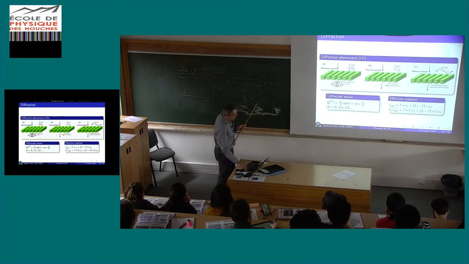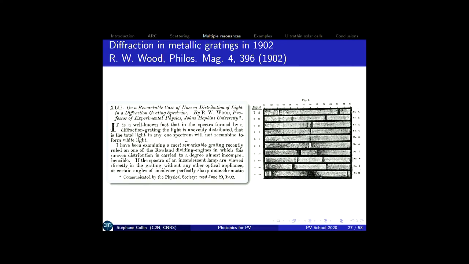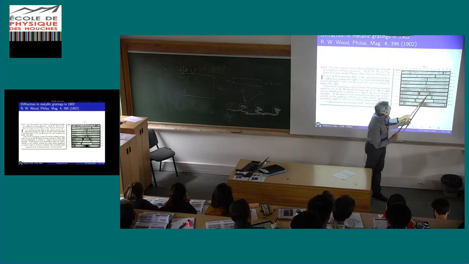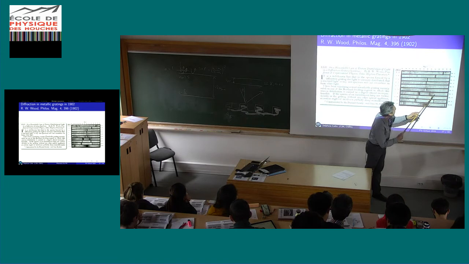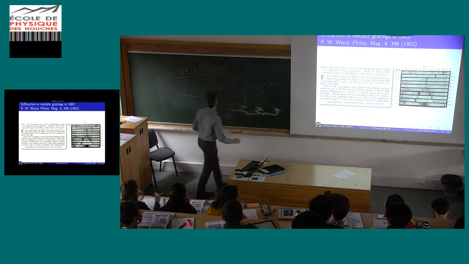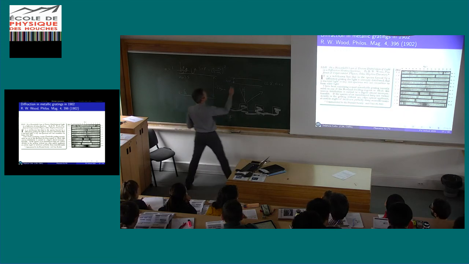He said, okay, it's simply a diffraction effect, but it was not, because what you see here, and that's why it was remarkable, is a peculiar shape. You have a decrease of light here, and here a sharp event. The spectra are like this.